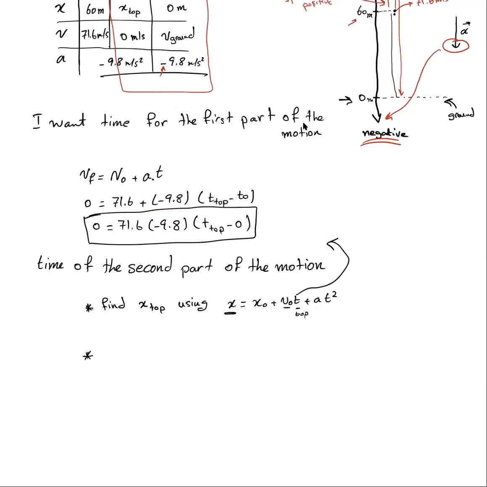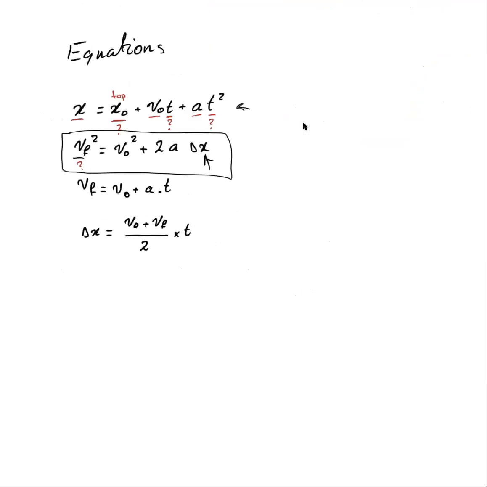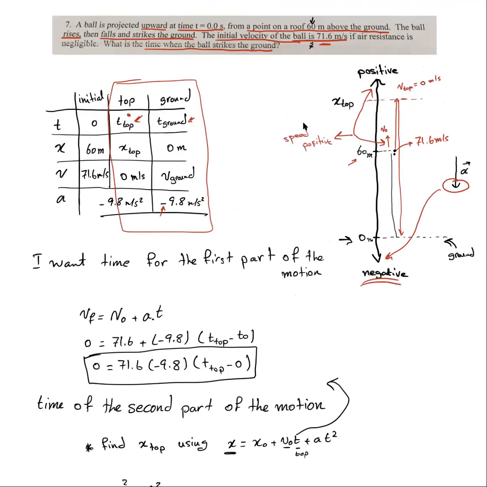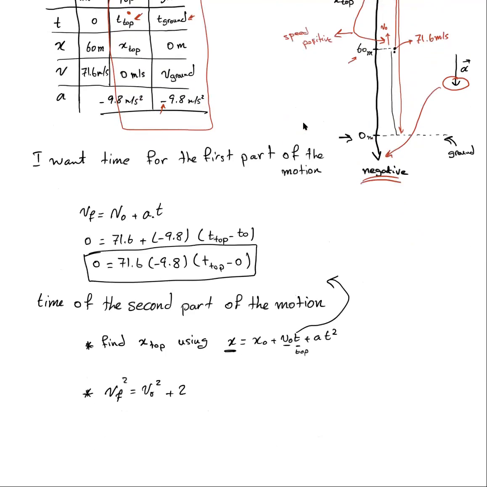We'll take x and replace it in this equation. It will be the x at the top, and we can replace it inside the delta x, which is x final minus x initial, and that will get us the final speed.